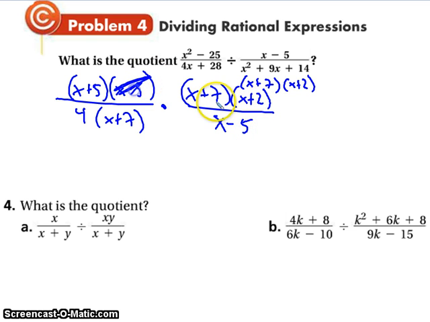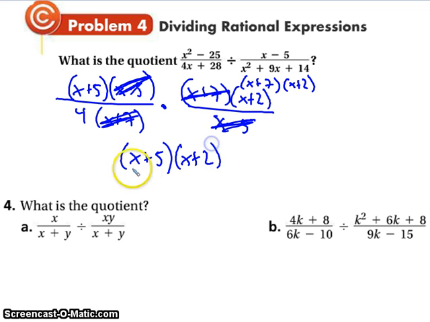So x minus 5 cancels, x plus 7 cancels, leaving me with a final answer of x plus 5 times x plus 2 over 4. So take the second part, flip it upside down, work it out, good to go.